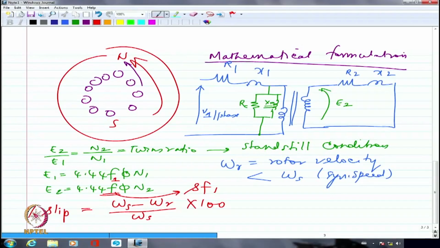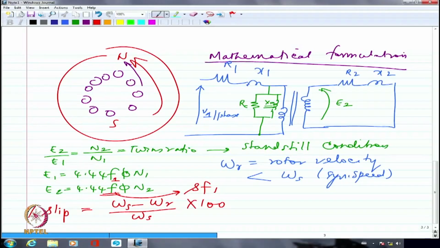So the rotor frequency declines as I go to higher and higher rotor speeds. And the moment I reach synchronous speed, there will not be any induction at all. So F2 will be 0. The rotor frequency will be 0, so there is no induced EMF as well. Are you getting my point?